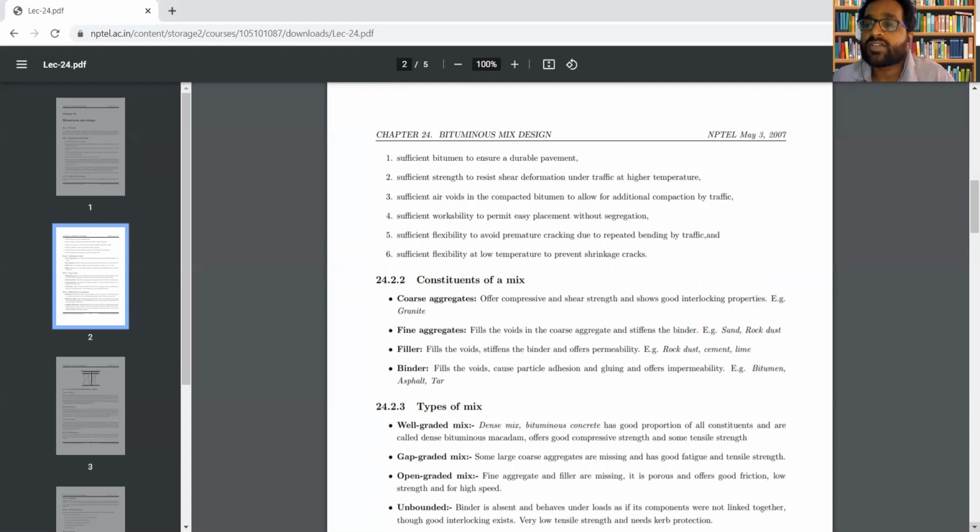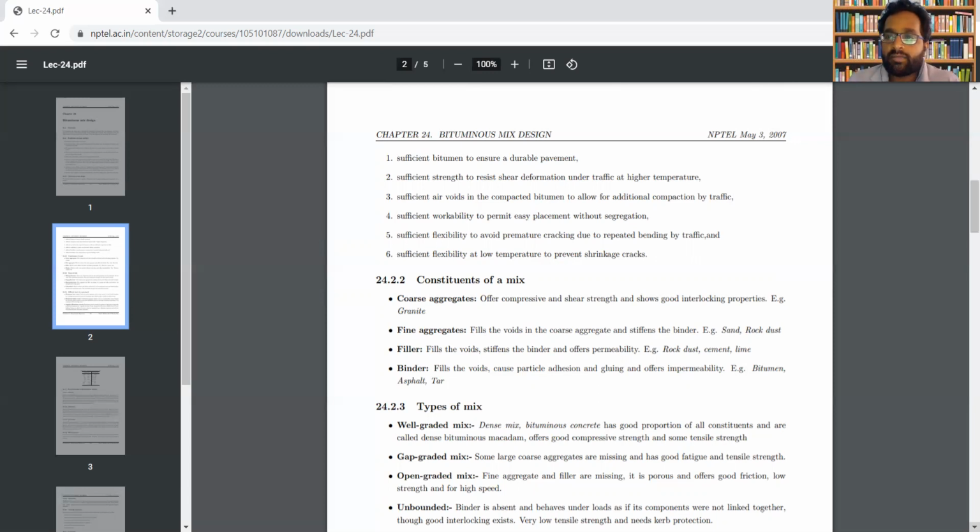In the design stage of the highway itself, we discussed the provision of superelevation or camber, if you remember, to ensure there is no entry of water. Similarly, the binder should have high impermeability so that it prevents the entry of water.